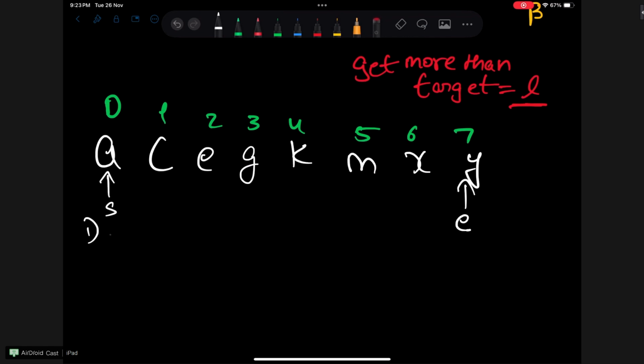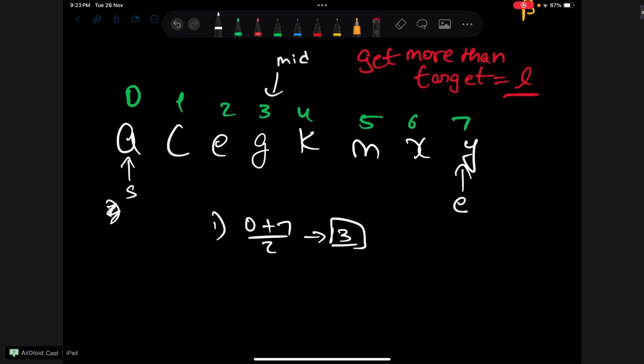So the first step was to set S and E, and the second is to calculate mid. Let's say in the first iteration it was 0 plus 7 by 2, that is S plus E by 2. The answer we got for mid was 3. So this is where the mid is pointing.